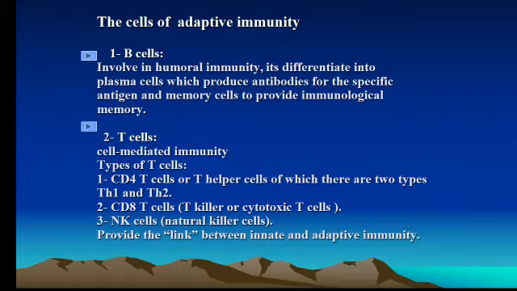So the B cells differentiate into plasma cells, producing antibodies, and into memory cells, producing immunological memory.